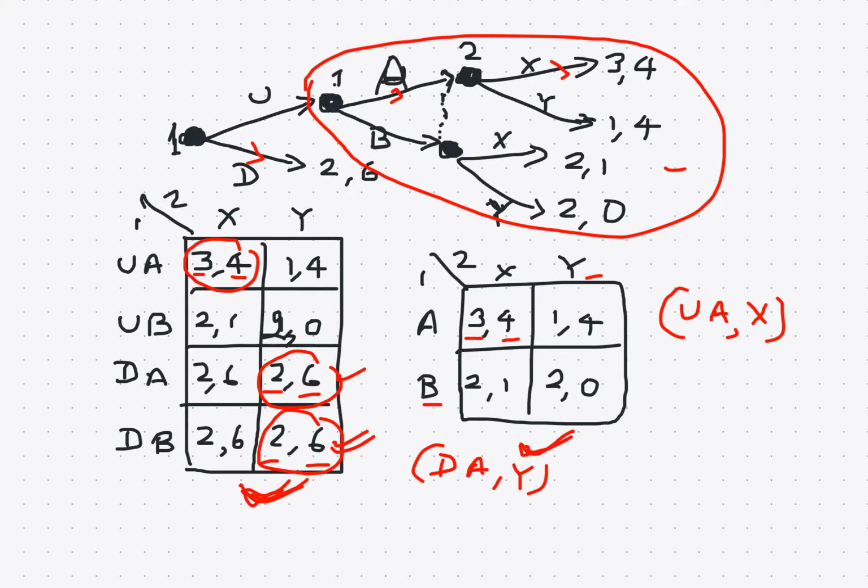So therefore, we speak of subgame perfection as a refinement of Nash equilibrium. The second point I would make here is that for games of perfect information, backward induction that we discussed previously yields subgame perfect equilibria.